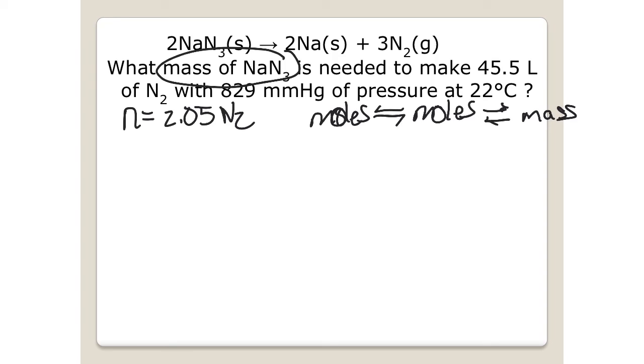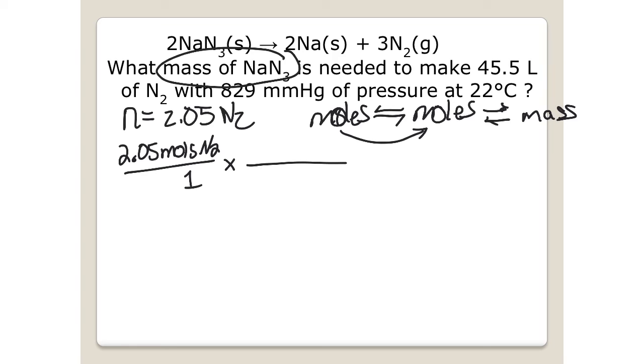So I'll go ahead, and we always start by writing down what was given to us first. We have 2.05 moles of N2. Our first step is to go from moles of one substance to moles of the other. And we always set this up so that whatever unit we started with always goes in the denominator. We started with moles of N2, so moles of N2 is going to go right here.